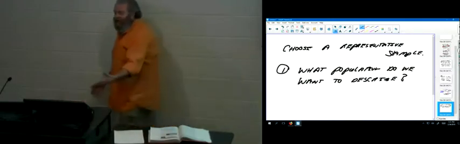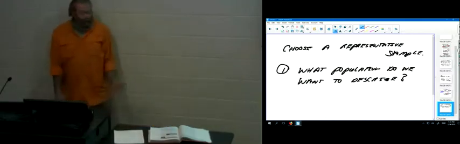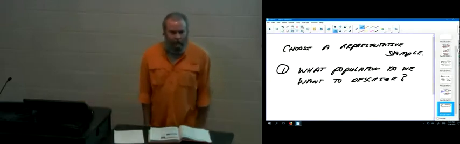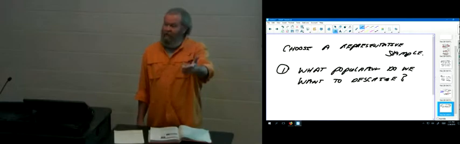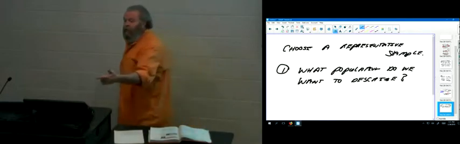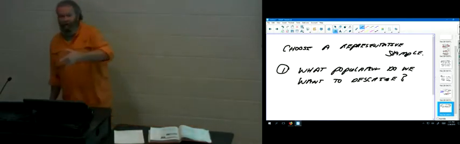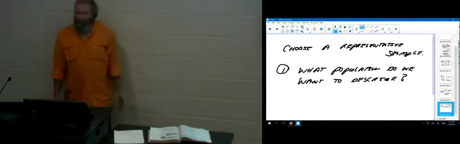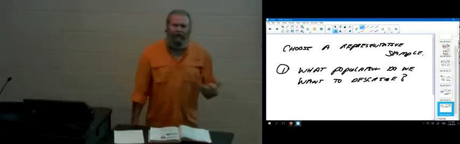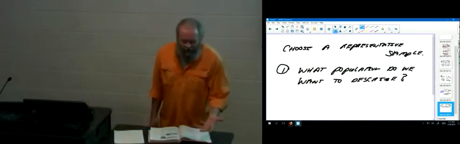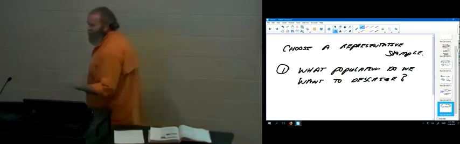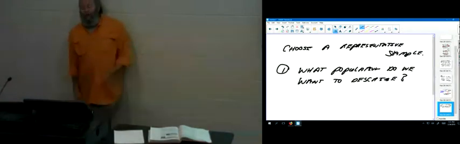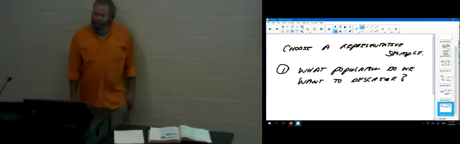So I'm going to take this little thought here for example. When I was looking at college students, who do we include? Do we include full-time students? What about part-time students? What about undergraduates? What about graduate students? What are we talking about with college students? Are we talking about all of them? Are you talking about only undergraduates that are full-time? Or are you talking about undergraduates and graduates that are full-time? Are we going to throw the part-time ones in? Why do I care about what population we want to describe?